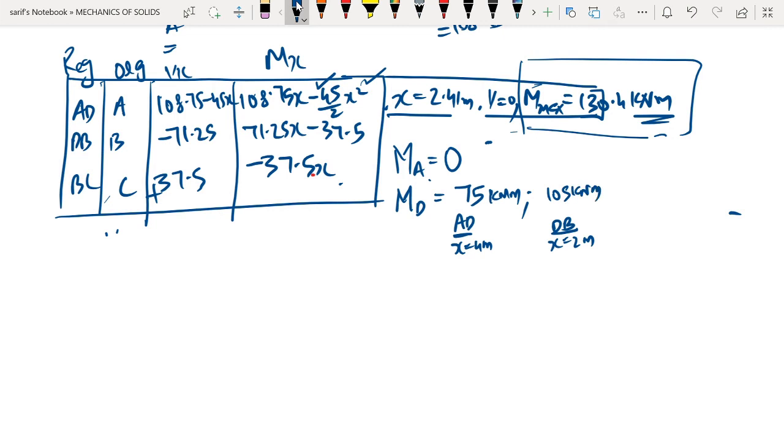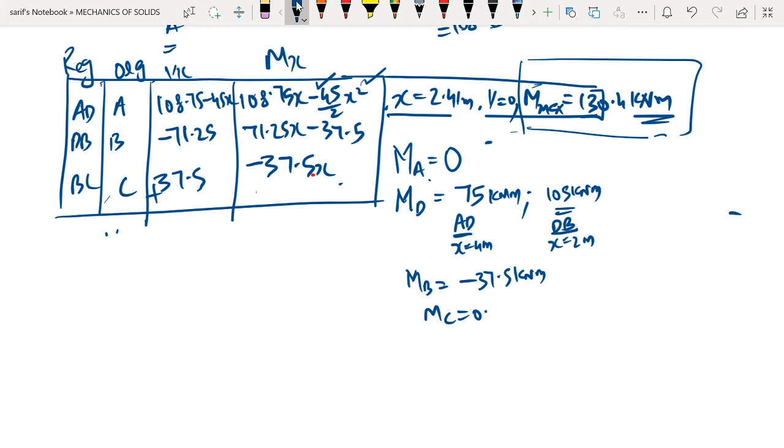You can see the difference between the two values of bending moment at the point D. There is a 30 kilonewton meter difference, which is equivalent to the magnitude of the concentrated moment applied at D. To get the bending moment at the point B, we substitute x is equal to 1 meter in the expression for the region BC. We get minus 37.5 kilonewton meter, and at C the value is 0.